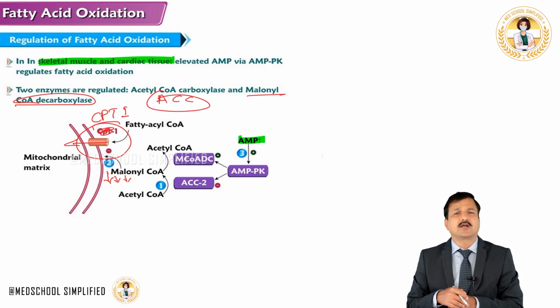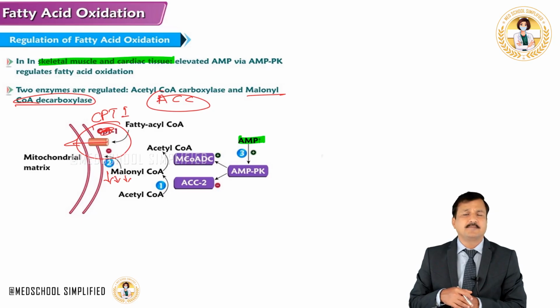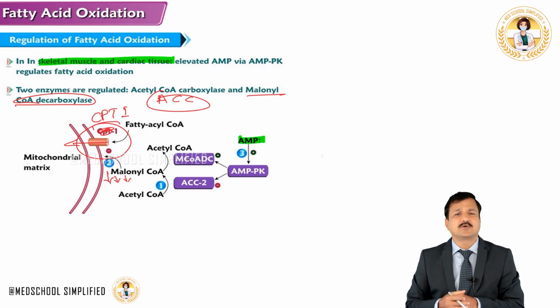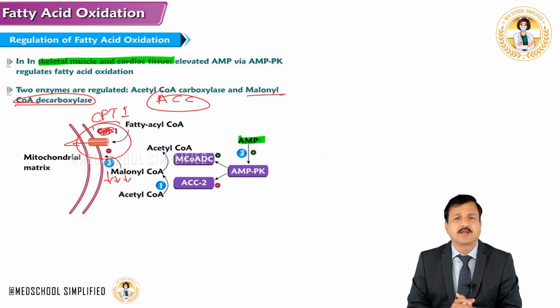When malonyl-CoA decarboxylase is activated, again malonyl-CoA levels will decrease, because malonyl-CoA is diverted into acetyl-CoA formation. So overall, fatty acid oxidation will be regulated in this way. That's all about regulation of fatty acids. Thank you.